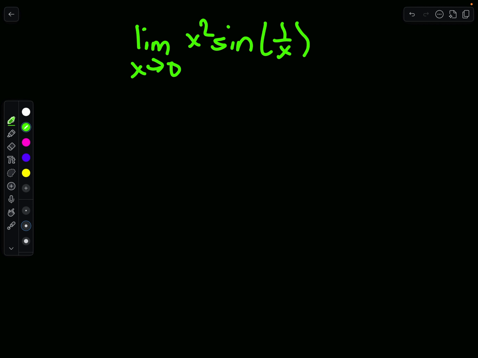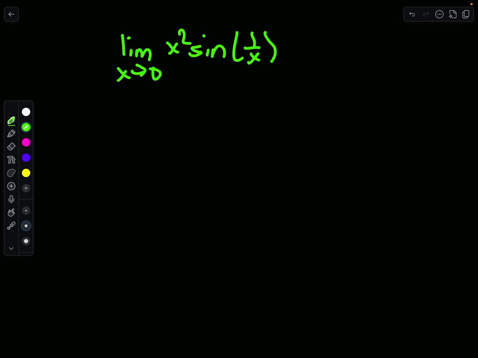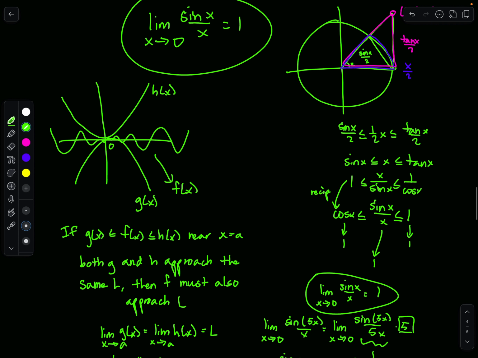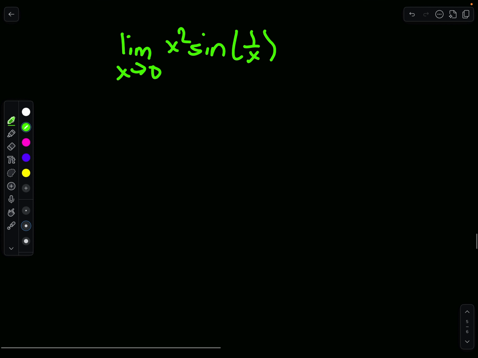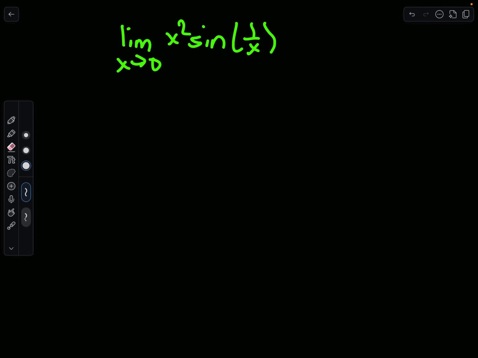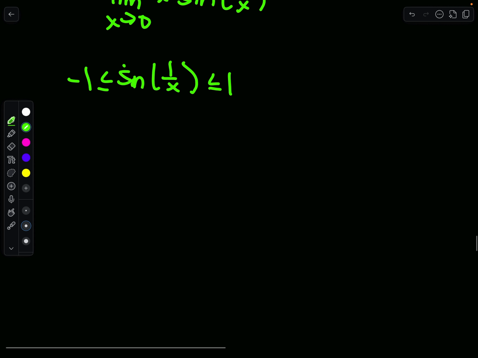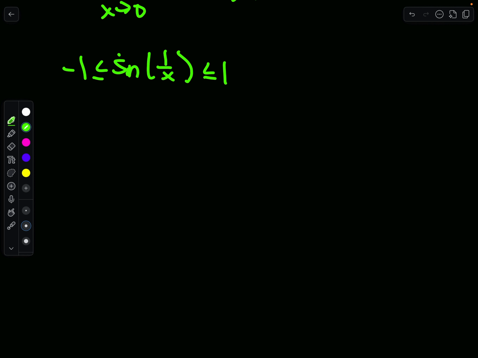Now, to prove that this is equal to 0, we can say that since sine of 1 over x is always less than or equal to 1 and greater than or equal to -1, then you can multiply each side by x squared.